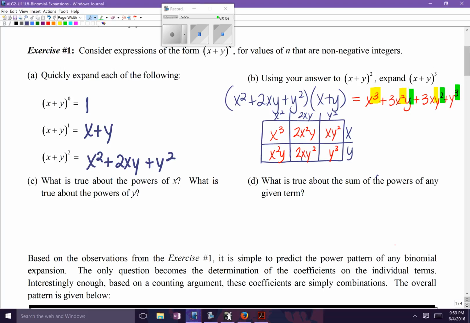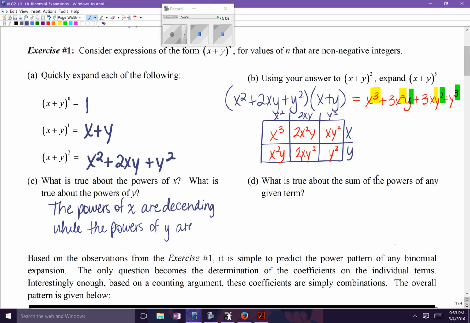So it appears that the powers of x are descending, meaning going down, while the powers of y are increasing or ascending.